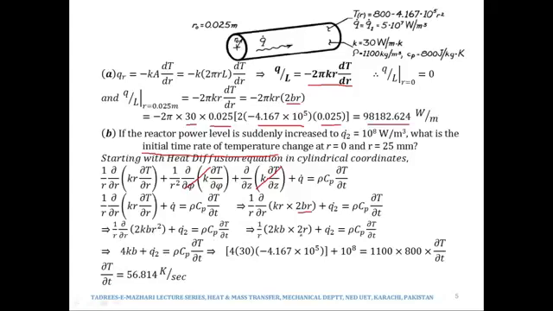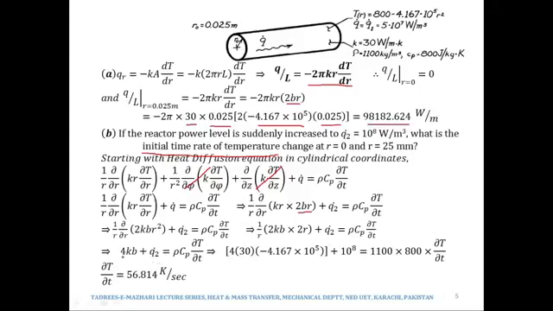The r gets cancelled out, and we have 4kb plus q dot equals rho c dT by dt.